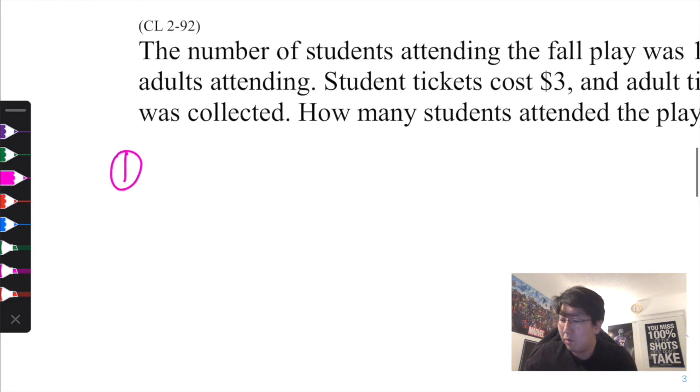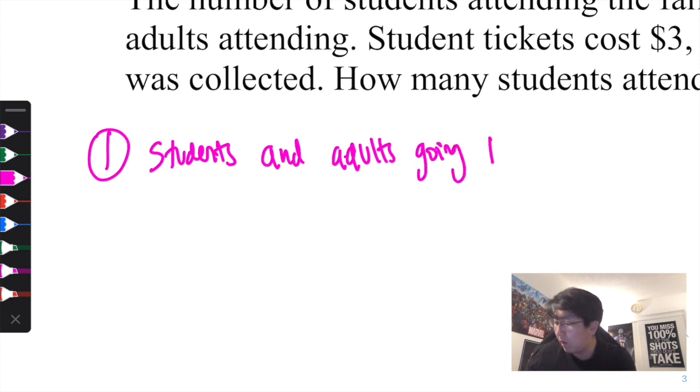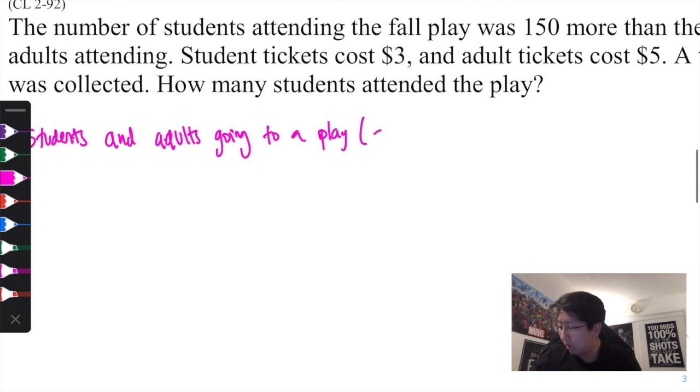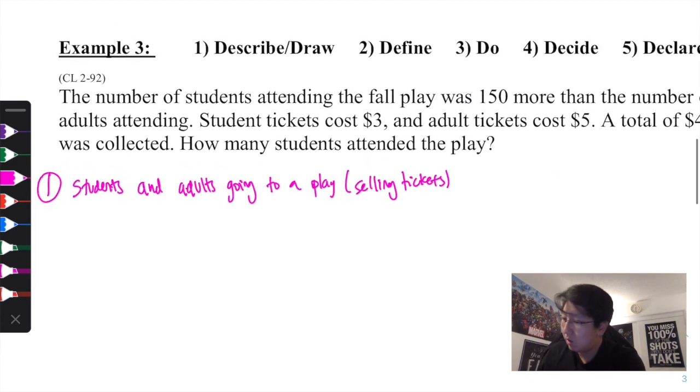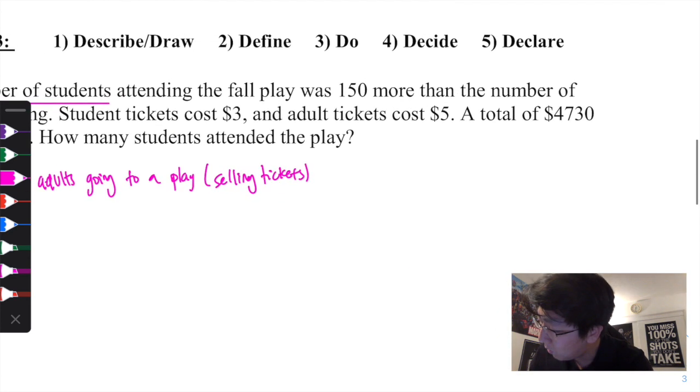This is about students and adults going to a play. All right, they're selling tickets.